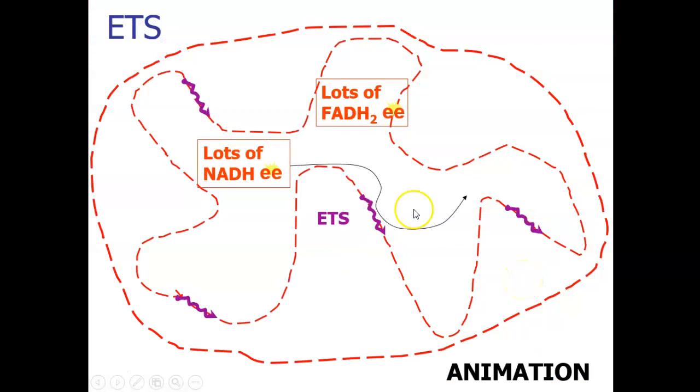How is this happening? We're going to see the electron transport chain, or the ETS, is going to take those high energy electrons from the carriers FADH2 and NADH. It's going to produce back NAD plus and FAD, and it's going to shuttle those electrons through the electron transport chain, which is literally in the inner mitochondrial membrane.